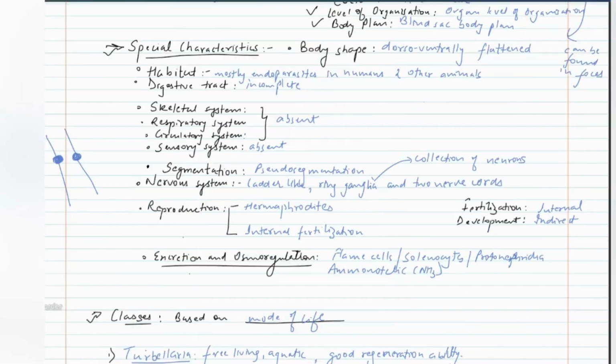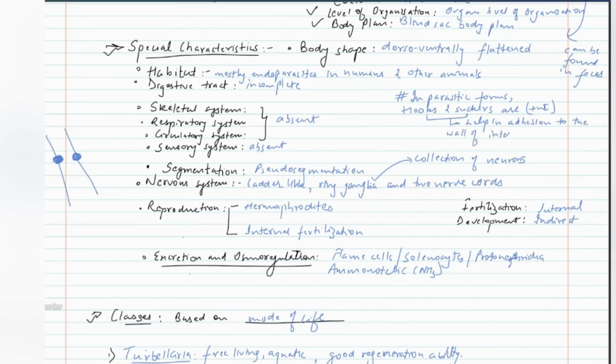An important characteristic of phylum Platyhelminths is that in parasitic forms, that is, organisms which live inside the body, hooks and suckers are present, which are basically used to adhere to the surface of the intestine or stomach, whichever structure the organism is affecting.